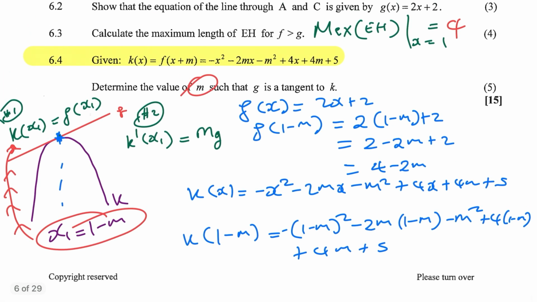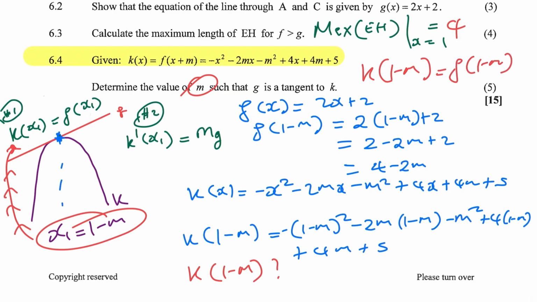I want you to find k of 1 minus m. When you have found it, I want you then to say k of 1 minus m is equal to g of 1 minus m, and then solve for m.